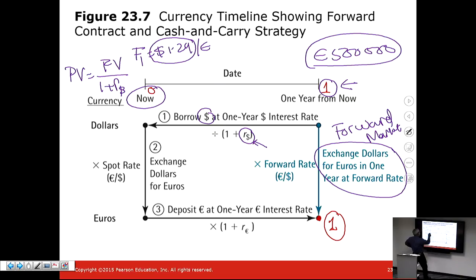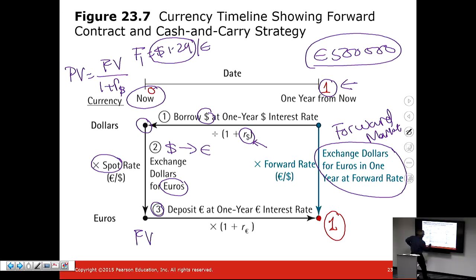Then I take those dollars and use the spot market today to convert those dollars into euro. So in step 2, I'm converting dollars into euro. I deposit those euro in the bank.